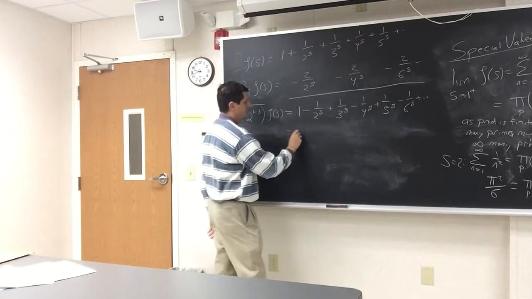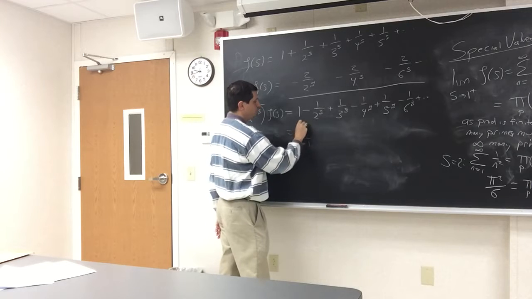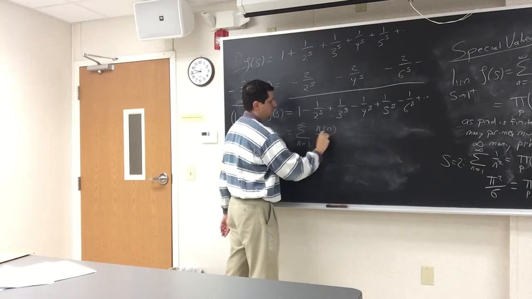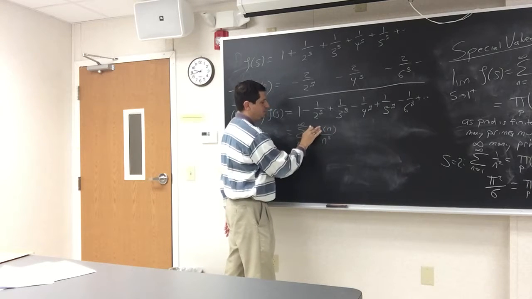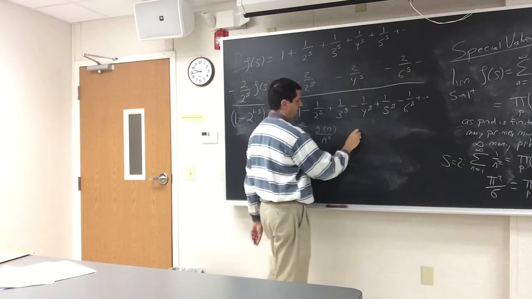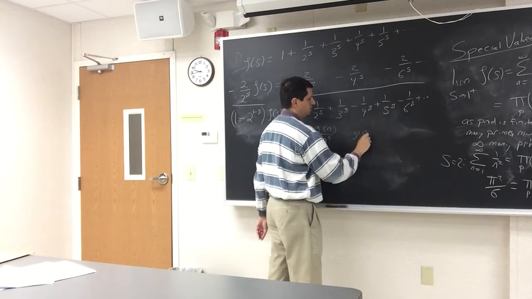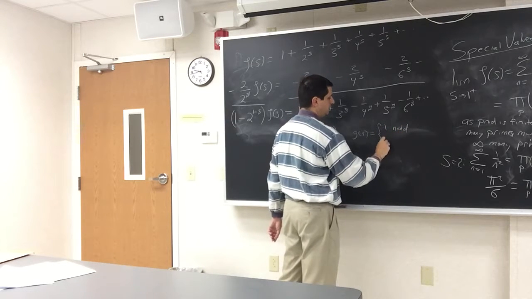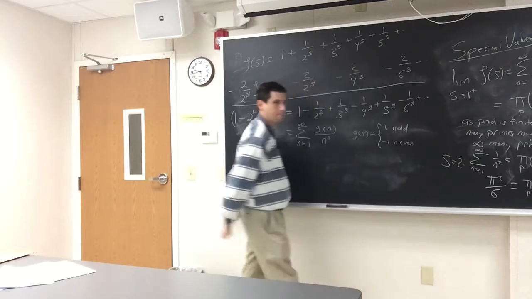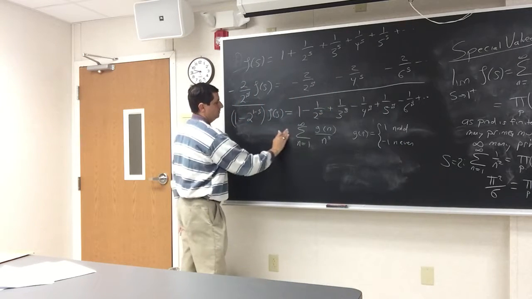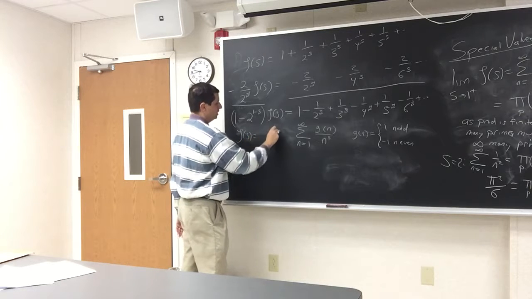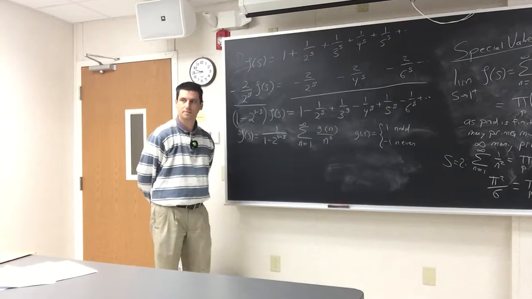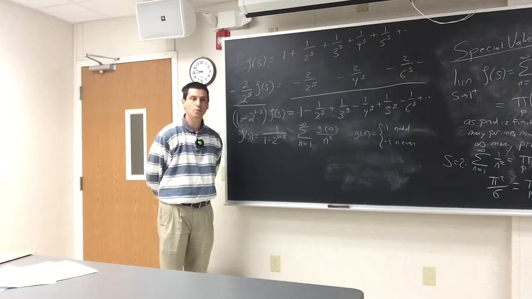So we can write this as a sum n goes from 1 to infinity of g of n over n to the s, where g of n is equal to 1 if n is odd and negative 1 if n is even. And in fact, I can then say zeta of s is 1 over 1 minus 2 to the 1 minus s, times that sum.